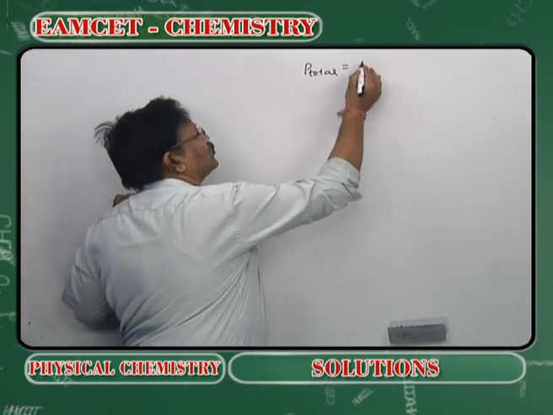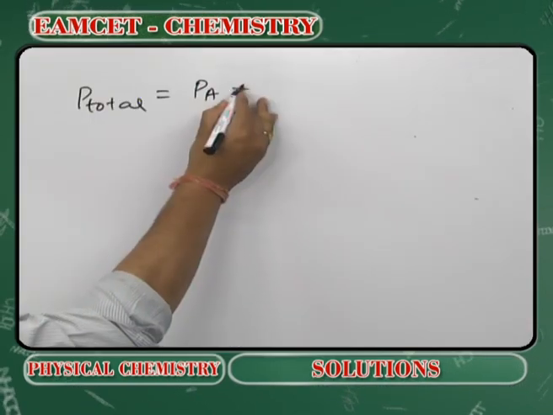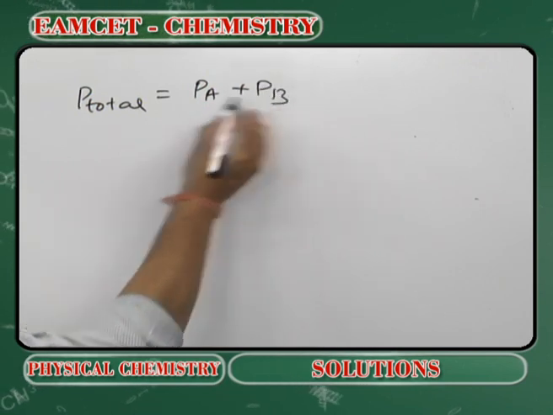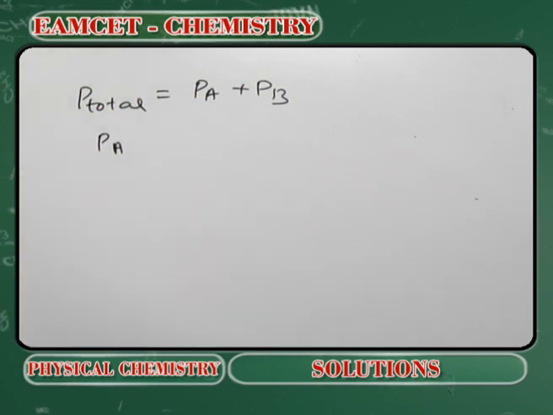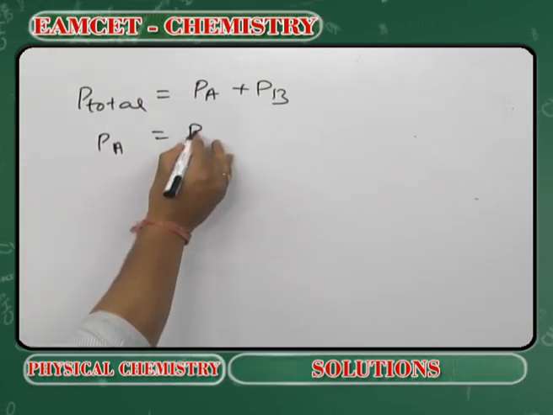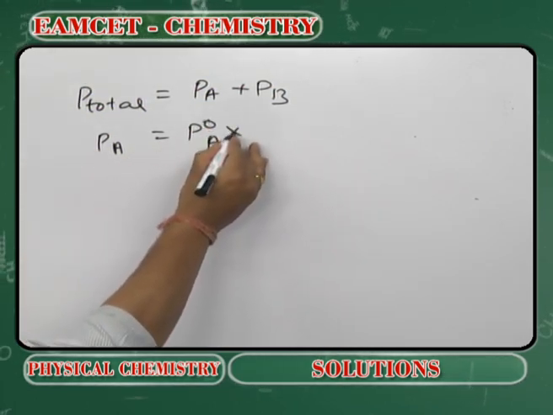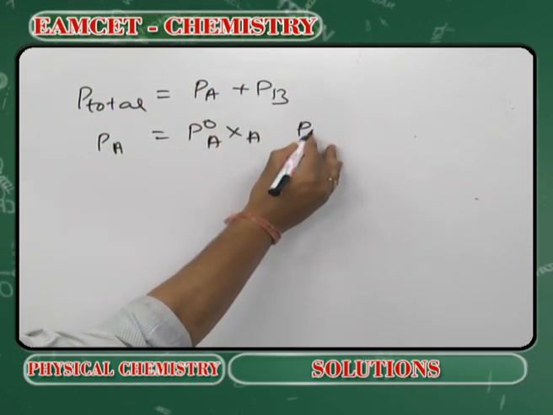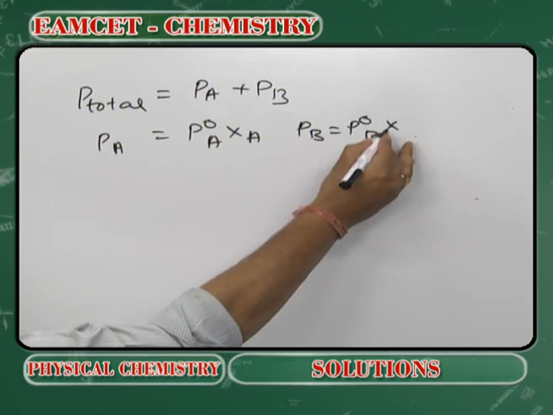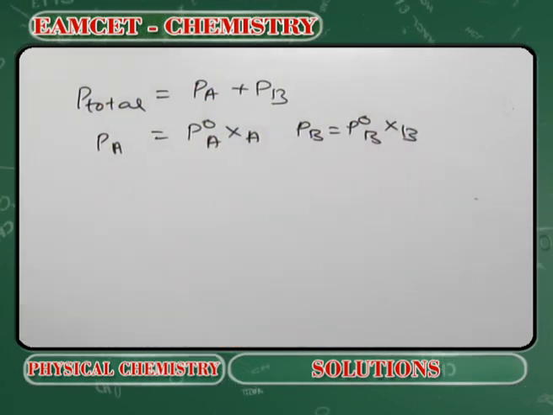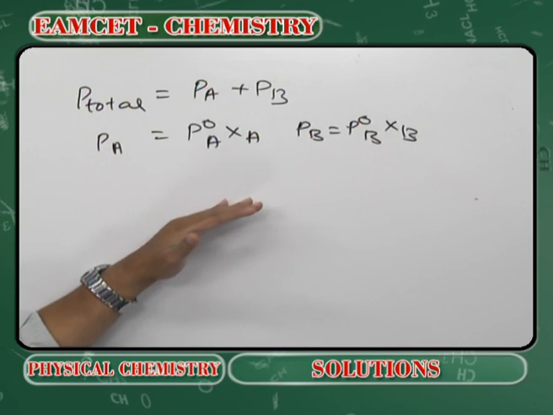P total is equal to Pa plus Pb, where Pa, the partial pressure due to A, is equal to P naught A XA, and Pb is equal to P naught B XB. In this case, we have to develop two equations.